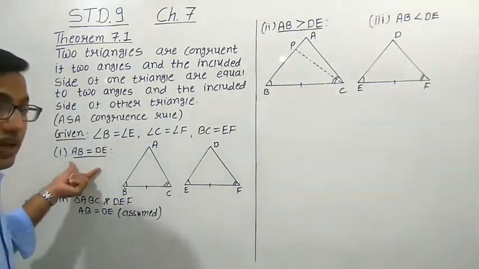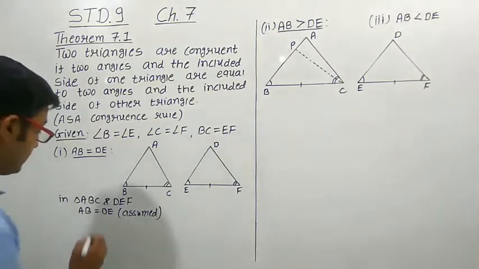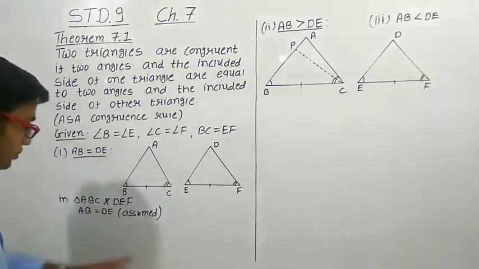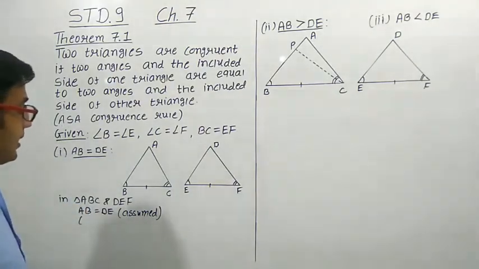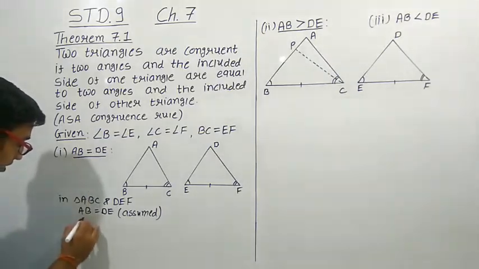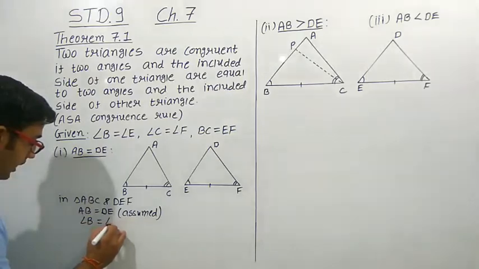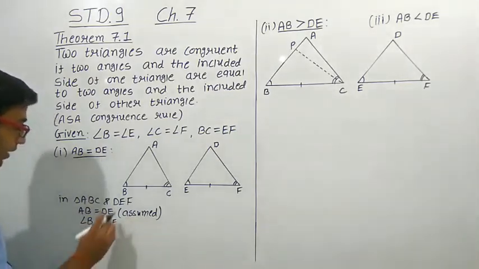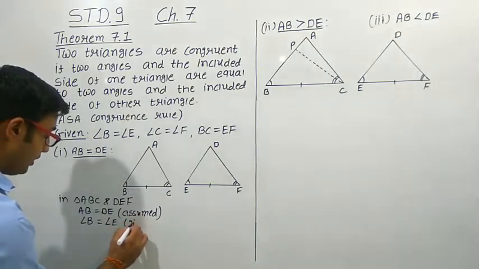As a first case we are assuming that AB equals DE. The second condition we can write down is that angle B of triangle ABC is equal to angle E of triangle DEF. This is already given.